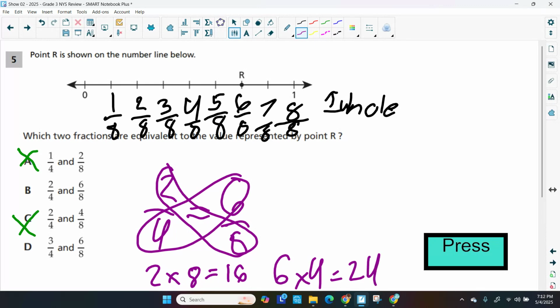So that's not it, because it's not equal. So it can't be B, so it must be D. But let's just check. 3/4 equals 6/8. Change colors because it's getting dizzy. Yeah, you should always change your colors.